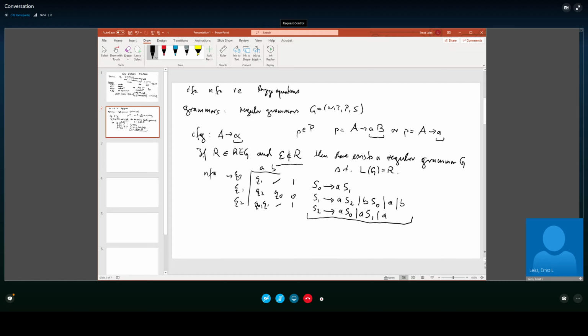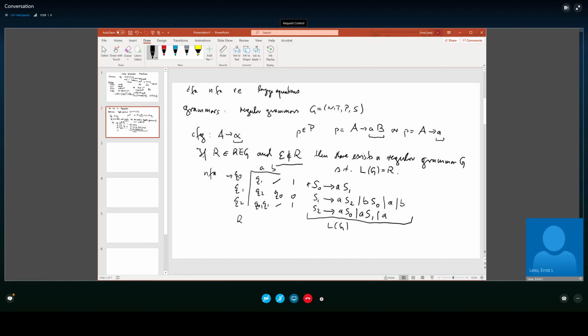So if we have this language, this is our R, then this grammar, with S0 being the starting symbol, and A and B being the terminals, and S0, S1, S2 being the variables, generates almost exactly R. Well, what does it not generate? It obviously does not generate the epsilon.